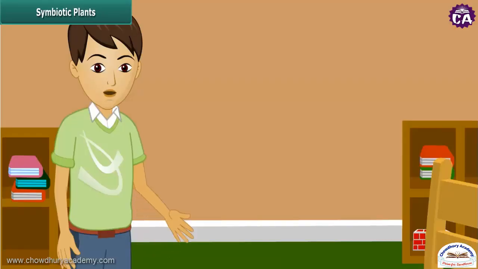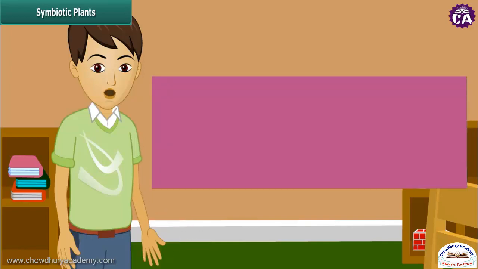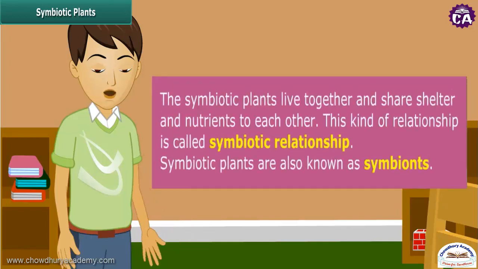Friends, have you ever listened about symbiotic relationship? And what is the meaning of this term exactly? The relationship between 2 dissimilar organisms in which both are living together and share shelter and nutrients to each other is called symbiotic relationship.